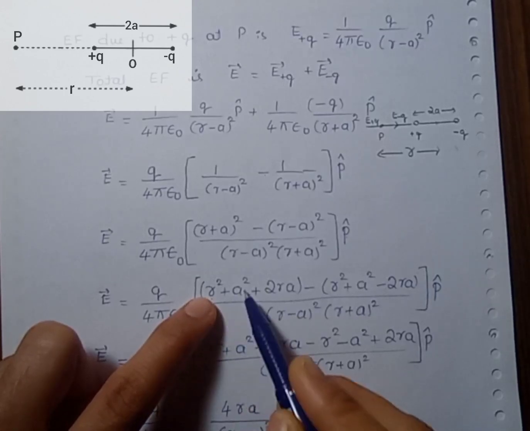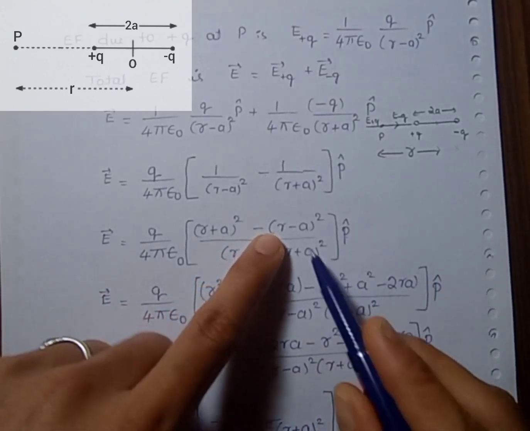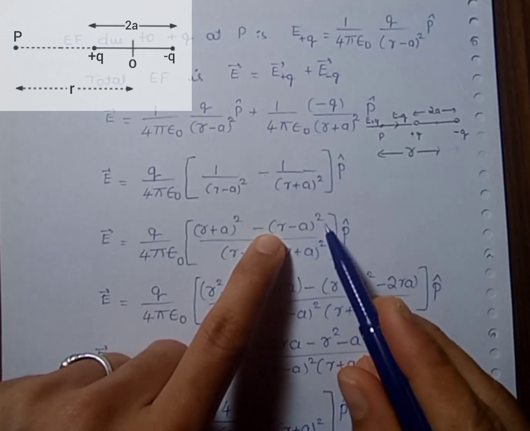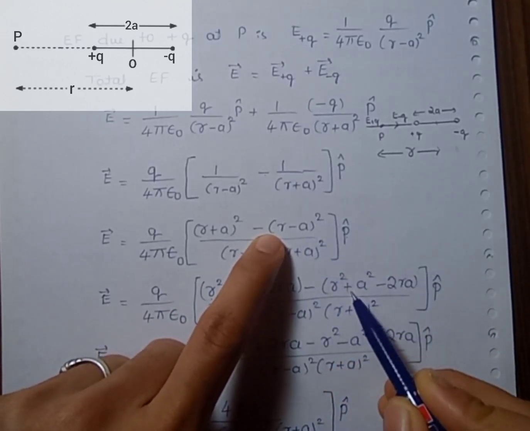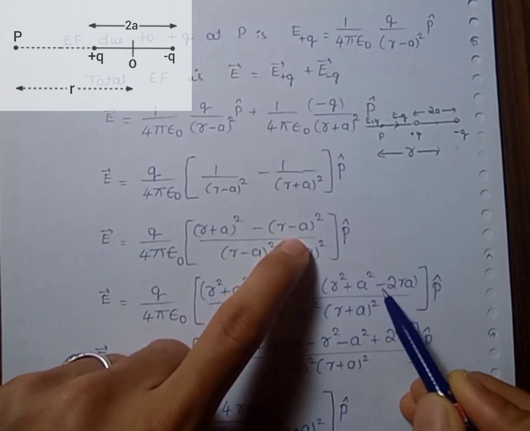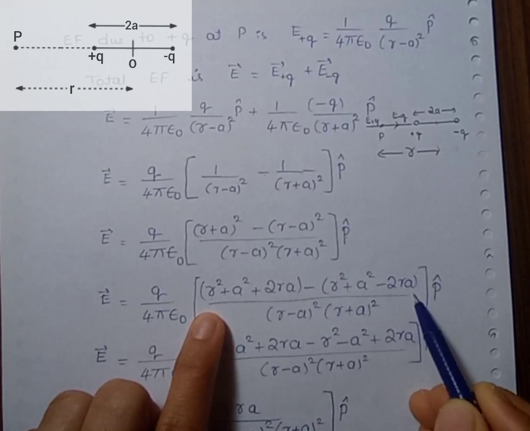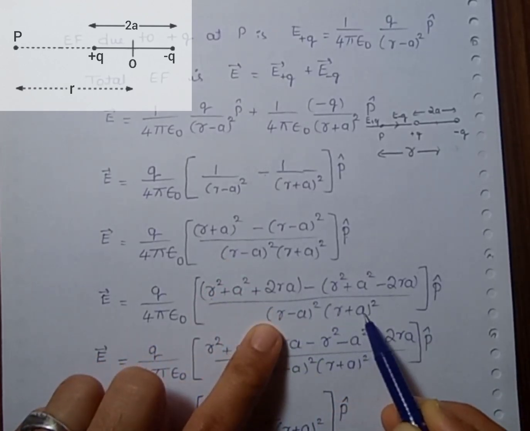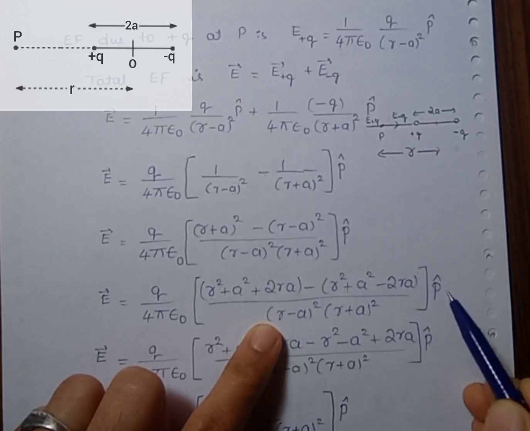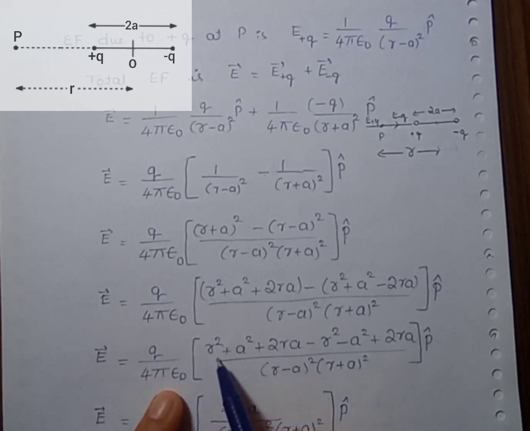So r square plus a square plus 2ra, minus of the a minus b whole square formula, that means a square plus b square minus 2ab, r square plus a square minus 2ra, whole divided by r minus a whole square into r plus a whole square, p cap. Next, E is equals to q divided by 4 pi epsilon naught r square.